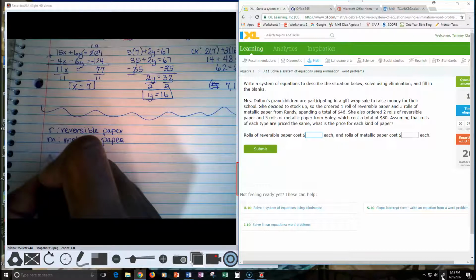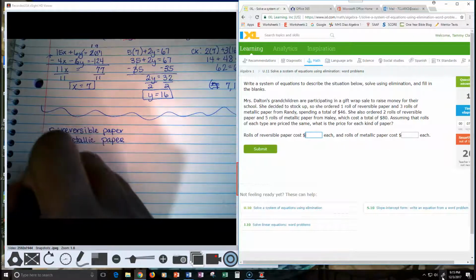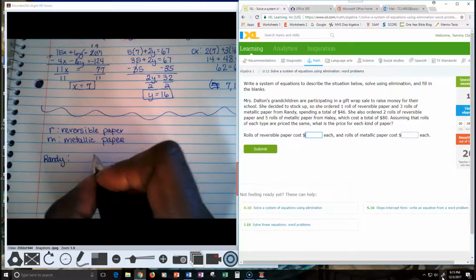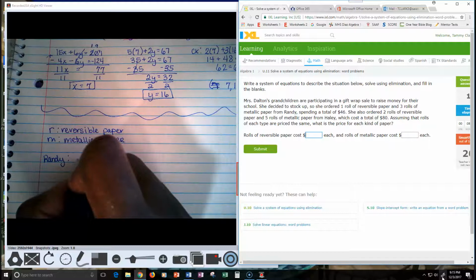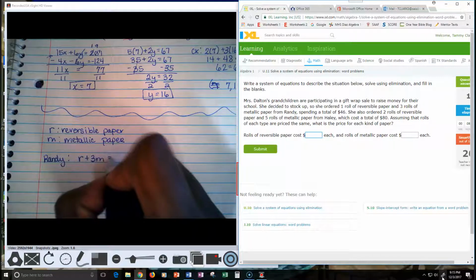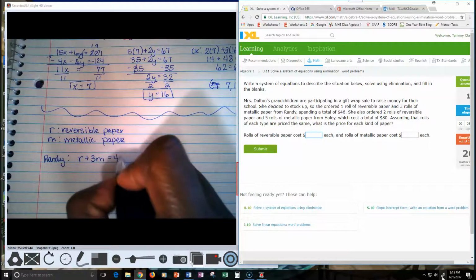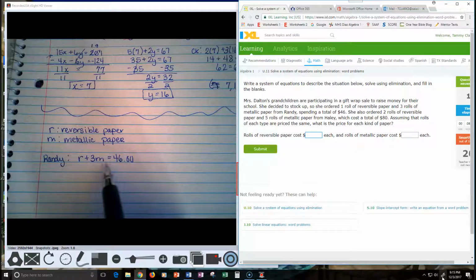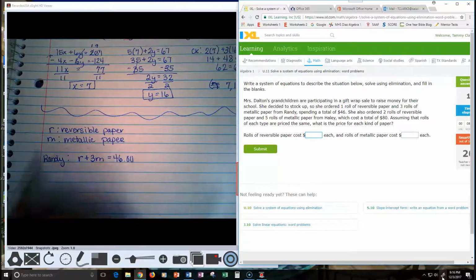So let's see, her grandson Randy, I want to keep these straight. She ordered 1 roll of reversible plus 3 rolls of metallic, and she spent $46. So the cost of 1 roll plus the cost of 3 rolls equals $46.